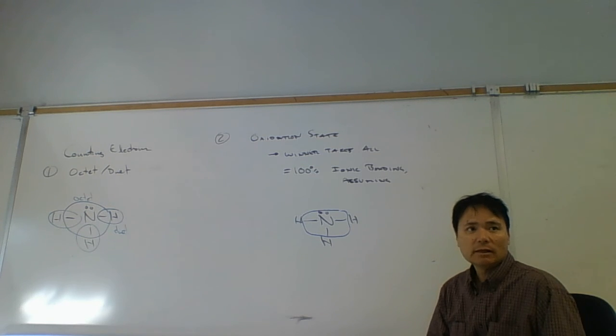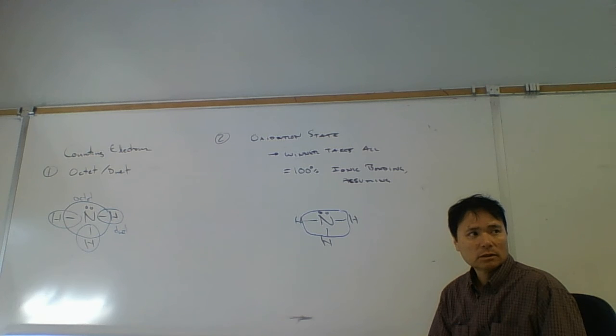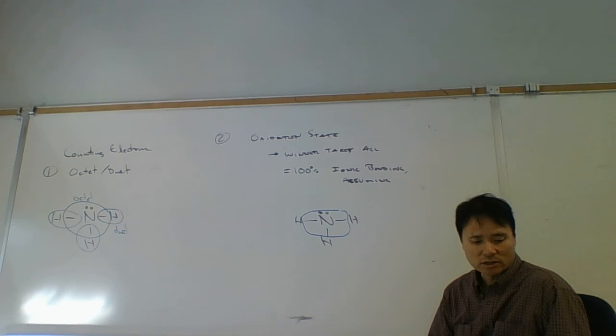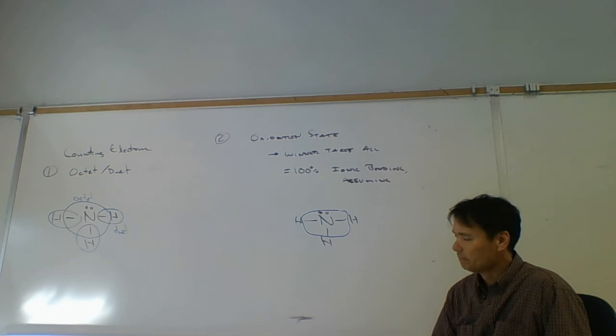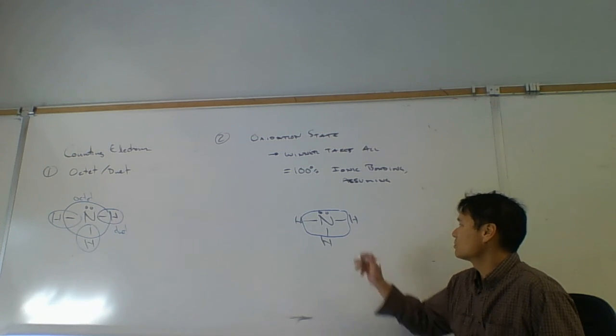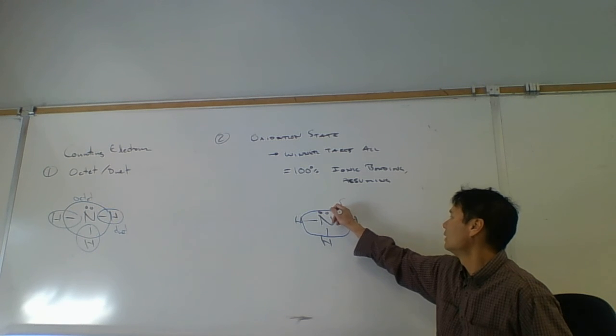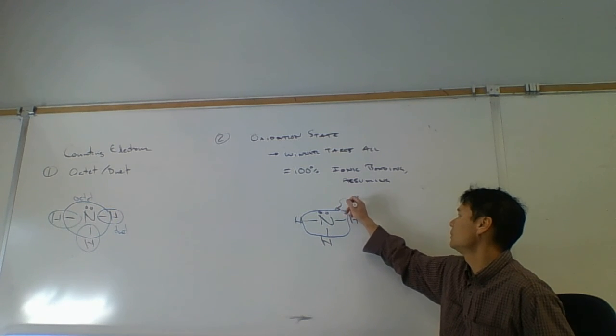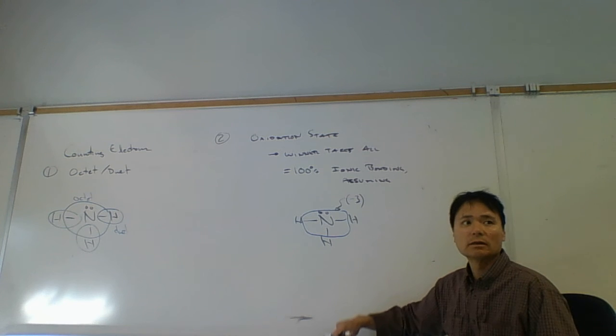Do you remember how many valence electrons nitrogen contributed to this structure? 5. So if it contributes 5 and then it ends up with 8, then it gained 3 extra electrons. If it gains 3 extra electrons, then it gains 3 extra negative charges, and its charge is going to be -3.